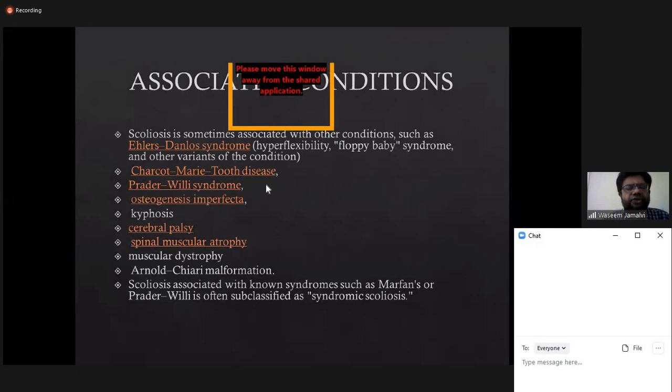These are the different syndromes that may present with scoliosis as well. Scoliosis associated with known syndromes such as Marfan and Prader-Willi is often subclassified as syndromic scoliosis. Syndromic scoliosis. Okay, fine.